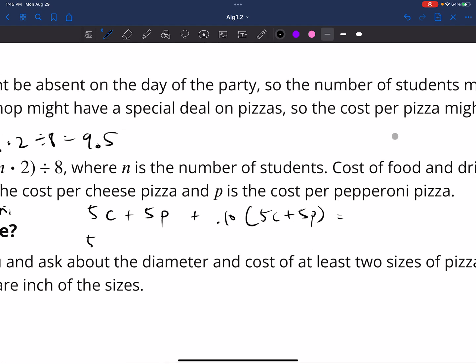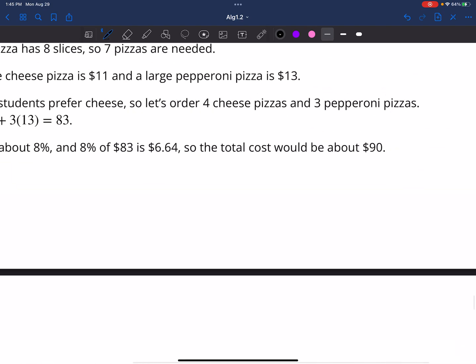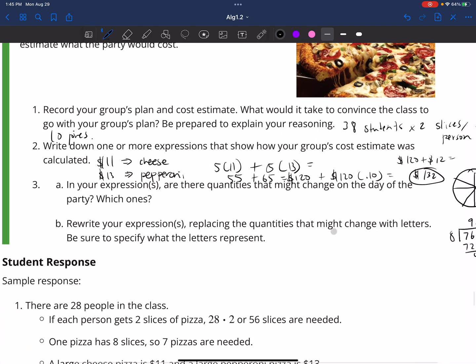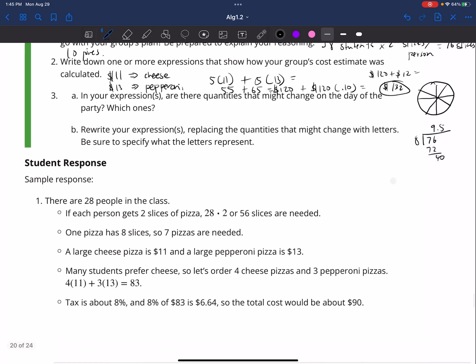So we can do it if we want to: 5 times 11 plus 5 times 13, plus 0.10 times the 5 times 11 plus 5 times 13. Basically, this is exactly what we did up here. They got 10% of this entire thing: 120 plus 120 times 0.10, which is equal to 132.